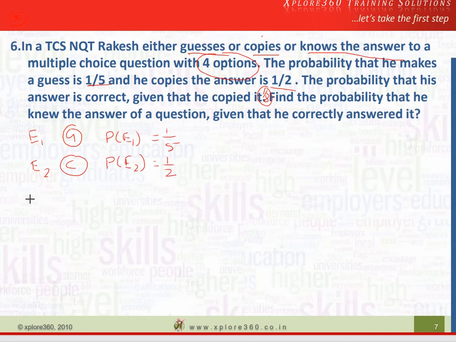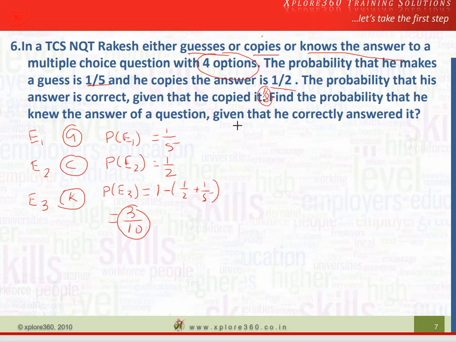Now the third one is E3, which is he knows the answer. So the probability of E3 equals 1 minus (1 by 2 plus 1 by 5), since all these 3 add up to 1, which equals 3 by 10.